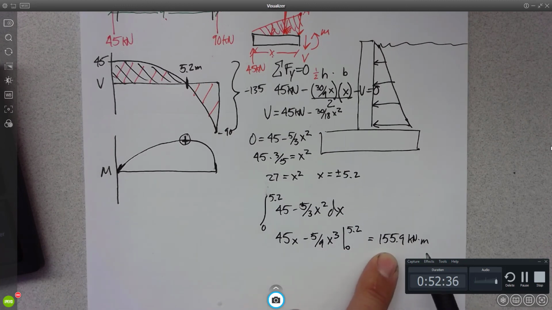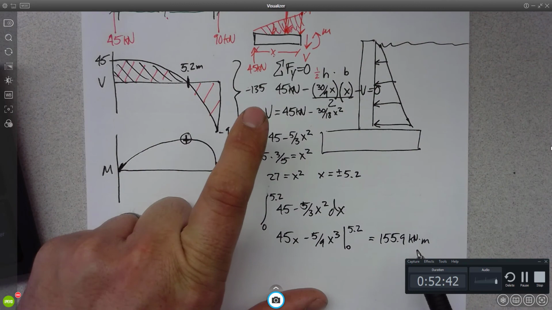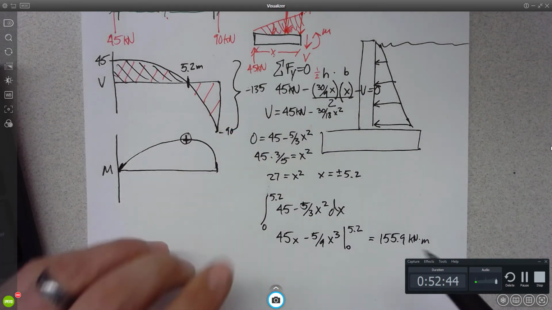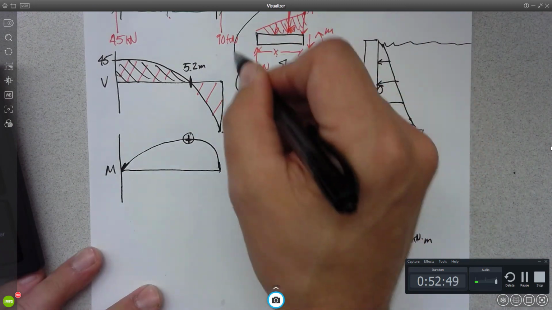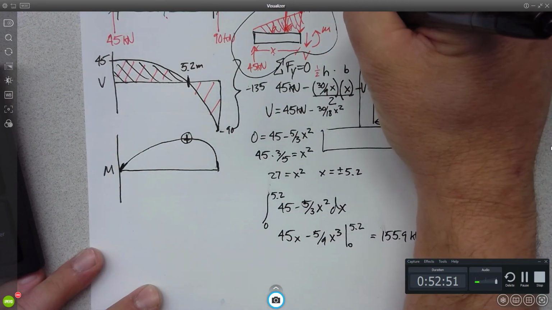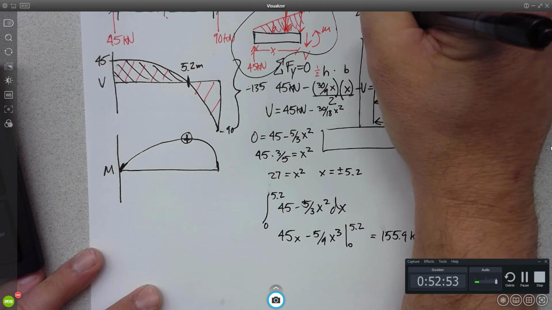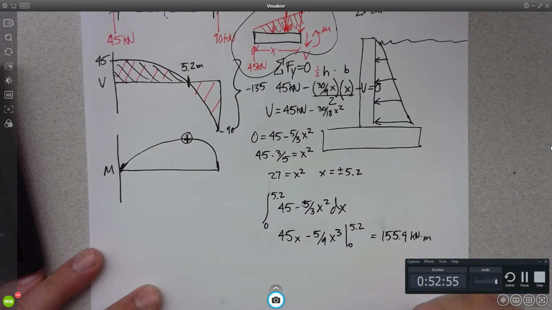You got this? How else could I have done this? I could have done it the old way again, right? So I could have looked at this free body diagram and said the sum of the moments about the cut is equal to 0.